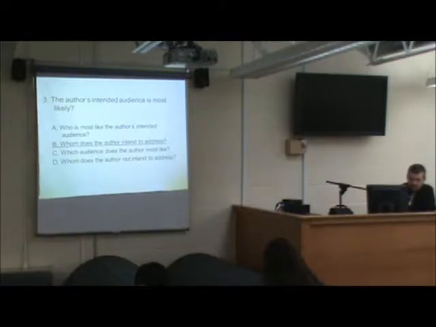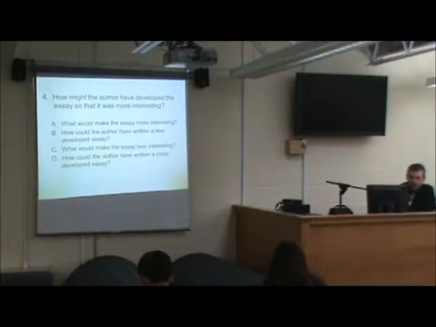Here I like B. Who does the author intend to address? Again, if you read too quickly, something like C, which audience does the author most like? That's got the word like, the other one has the word likely, those kind of sound the same. No, that means something else. Read slowly, read well.